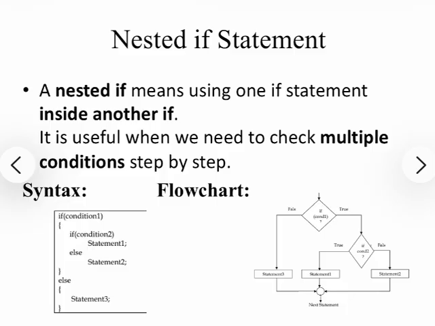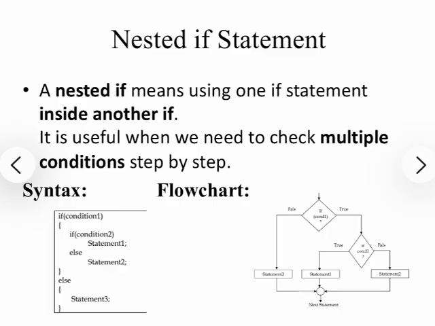Nested if statement. Nested if means using one if statement inside another if. That means there is an if condition, and inside that if condition itself, we can give another if condition. So there are multiple conditions here. Here is the syntax and the flowchart diagram for the nested if statement. First, they have given if condition 1.